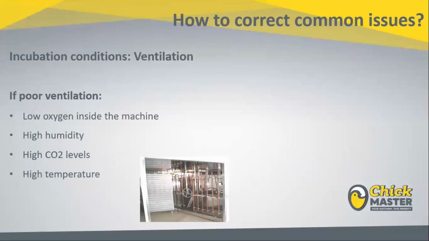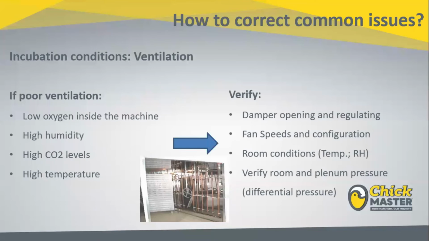So if we are facing a low oxygen level inside the machine, or high humidity, CO2, or temperature, we should verify that our dampers are calibrated and that they are opening and regulating well. We should be sure that our fan speeds are well configured. We should verify our room conditions and verify the differential of pressure between the room and the plenum.